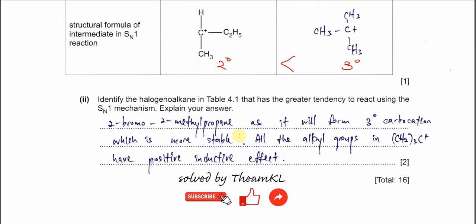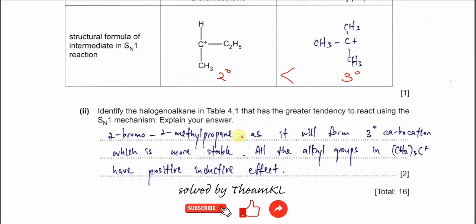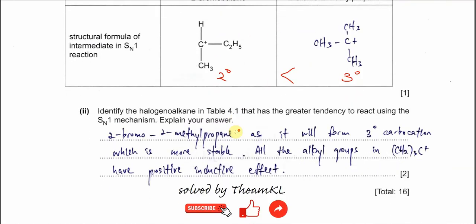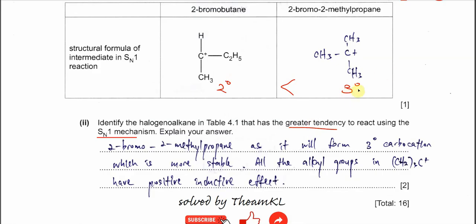Okay, so now the last part: identify the halogenoalkane in table 4.1, of these two, that has a greater tendency to react using the SN1 mechanism. So if the carbocation is more stable, then if it undergoes the SN1 mechanism, we will choose the tertiary carbocation here.